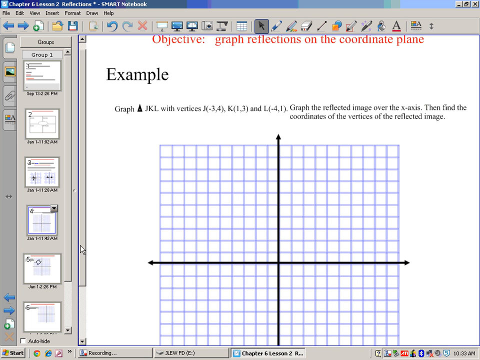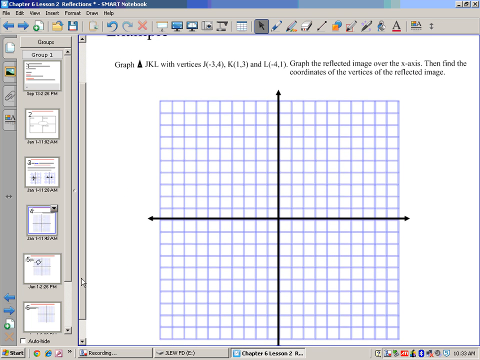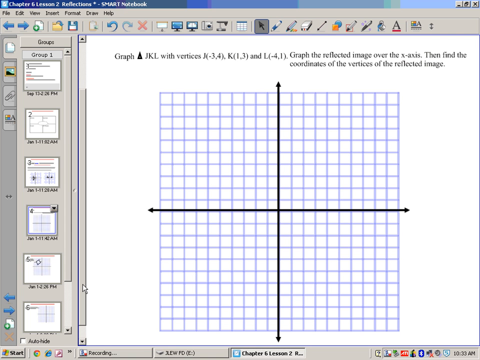Okay, graph a triangle, and the graph's reflected over the x-axis. Then find the coordinates of the vertices of the reflected image. Our first is J at -3, 4. K is 1, 3.